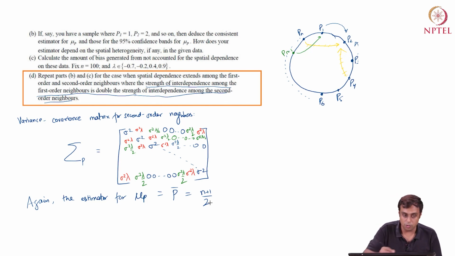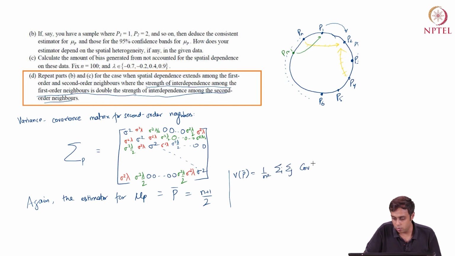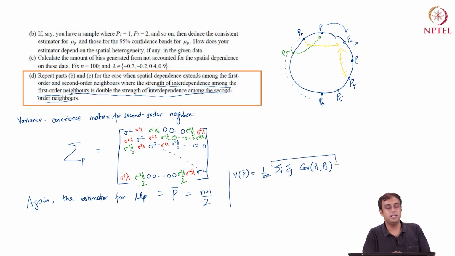So you know now that the variance of p bar is 1 over n squared, summation i, summation j, covariance pi pj, and what we said earlier is that this double summation operator is simply summing all the elements in the variance covariance matrix sigma, right?